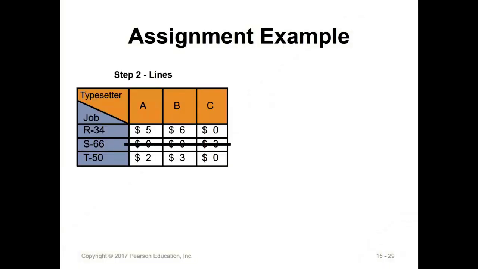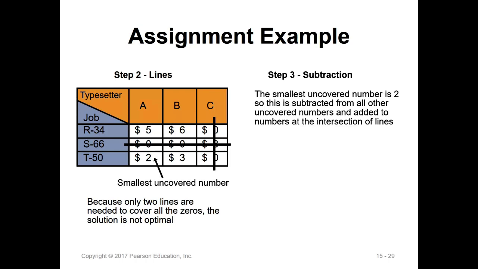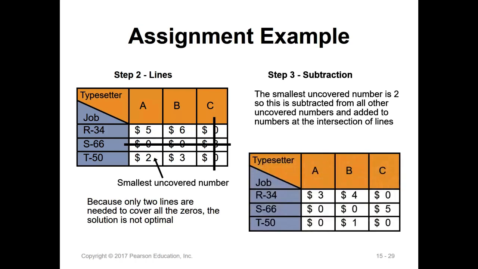Okay, we have 2 lines to cover the zeros, and then we need to conduct step 3. Step 3 is, the smallest uncovered number is what? It is 2.